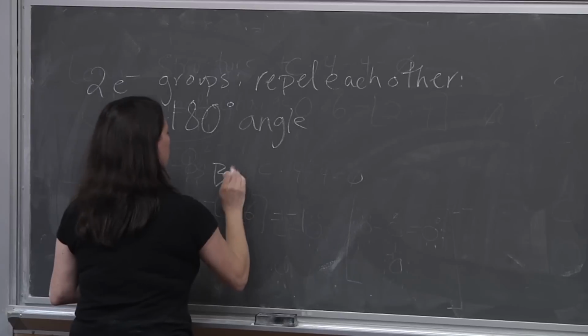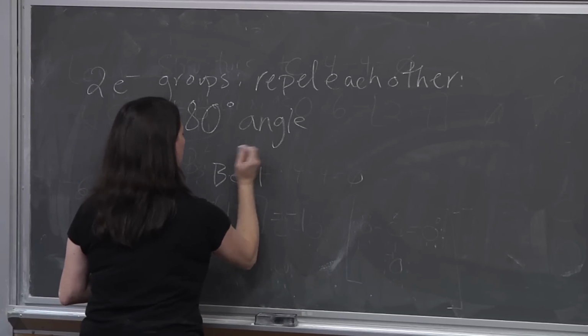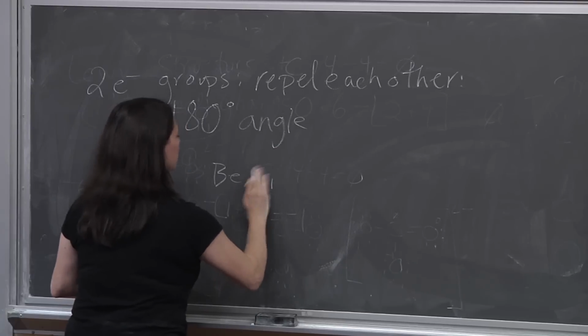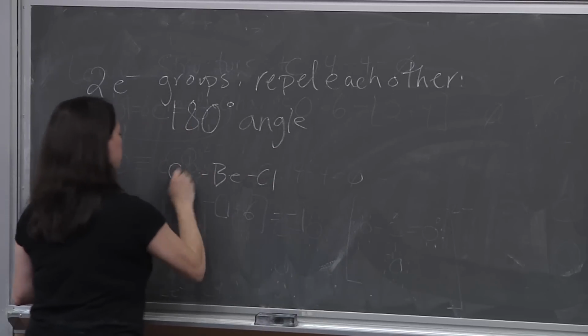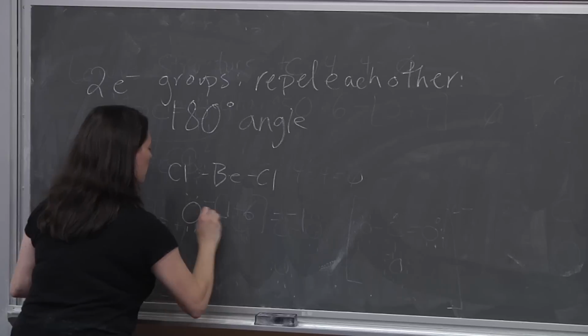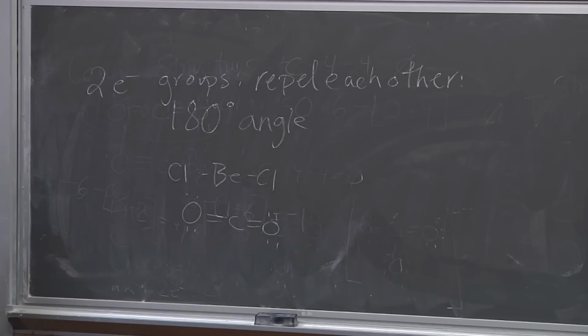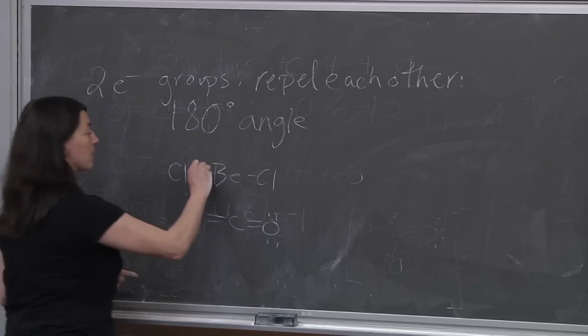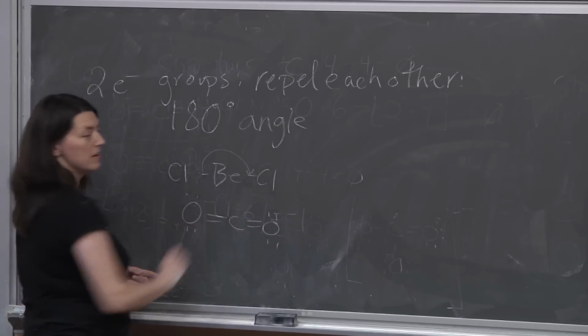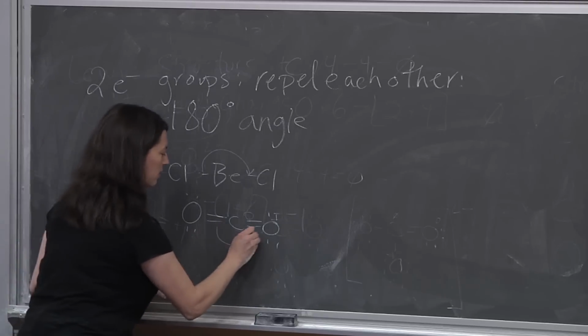And that makes a 180-degree angle. So whether you're talking about the BeCl2 or the carbon dioxide, both of them you would predict to have 180 degrees right here. It's 180 degrees. 180 degrees.